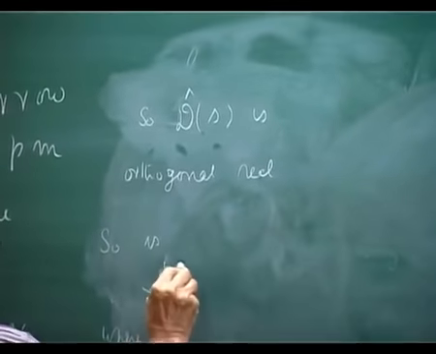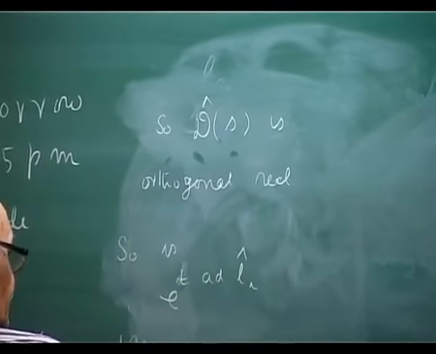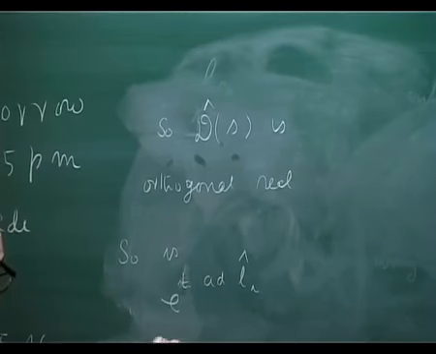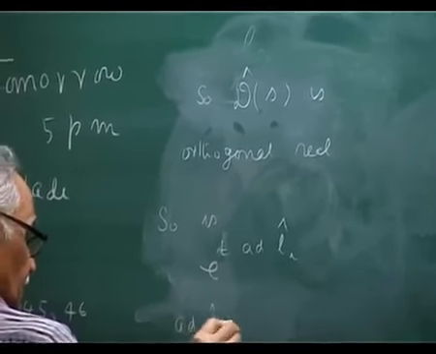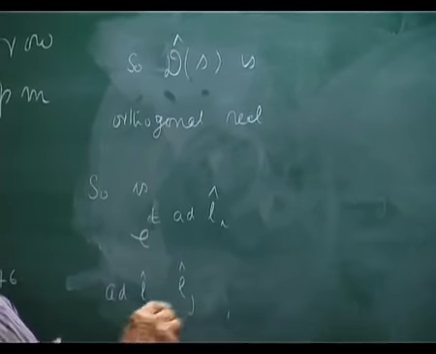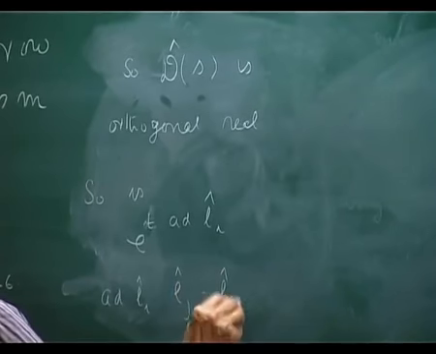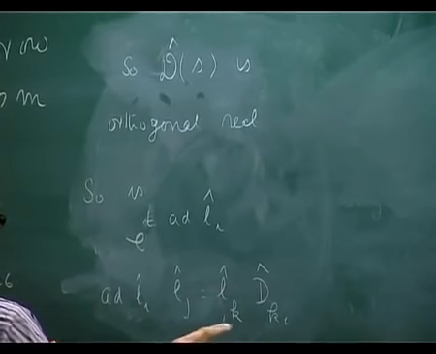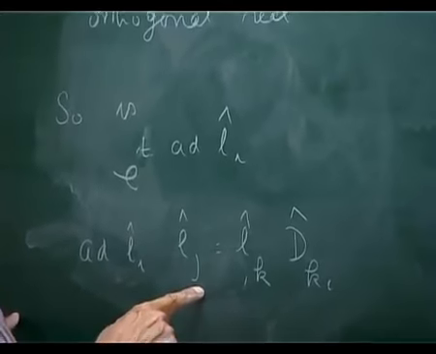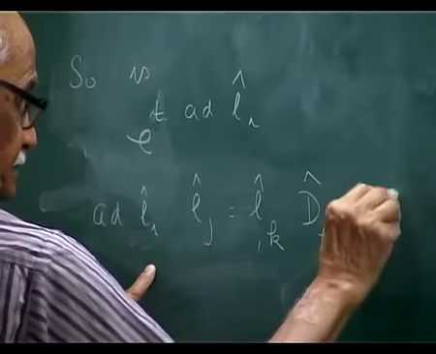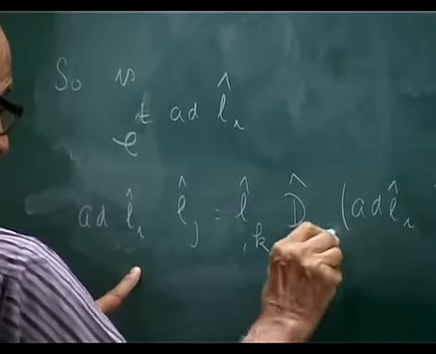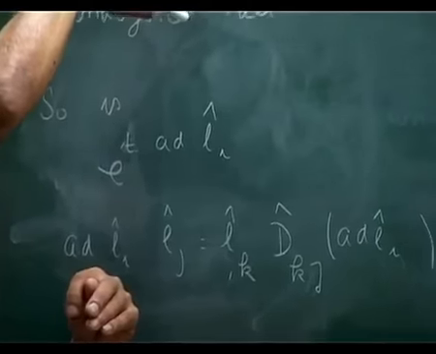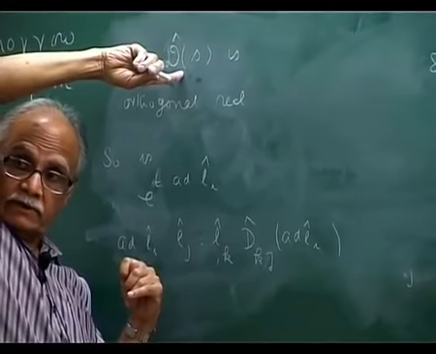So is ad L hat I, in this basis, that is I look at ad L hat I, where this is defined by acting on L hat j, this is L hat k, then I had d_k^j of ad L hat I. I got this is a matrix in a particular basis of the Lie algebra elements.